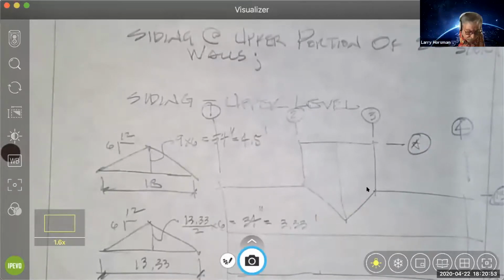So I came up with about somewhere, I don't know what you came up with. Where do I have these numbers? I think for siding, my total came up to be about 1,215 square feet.